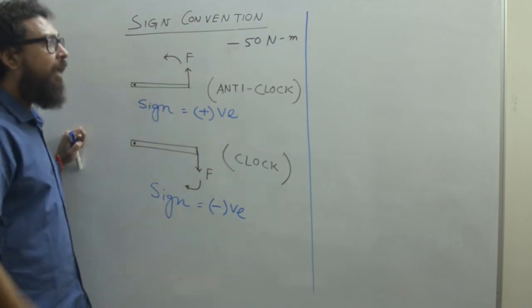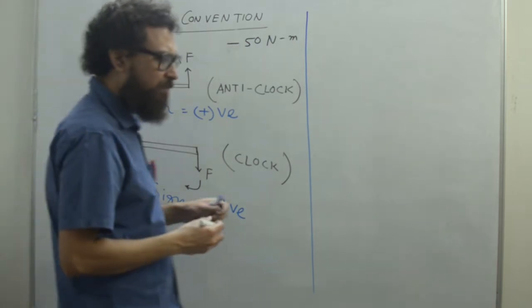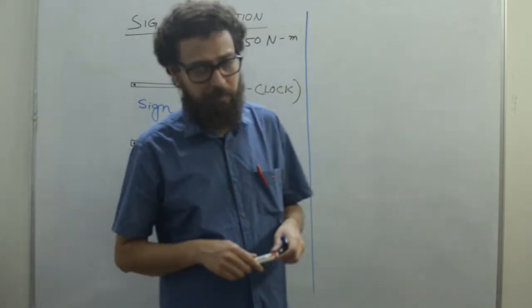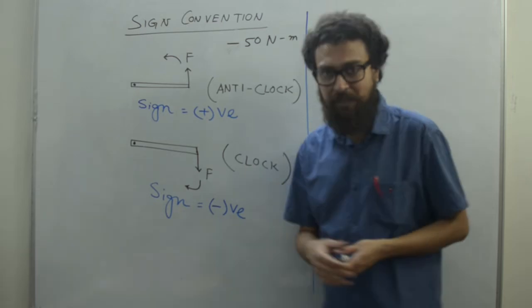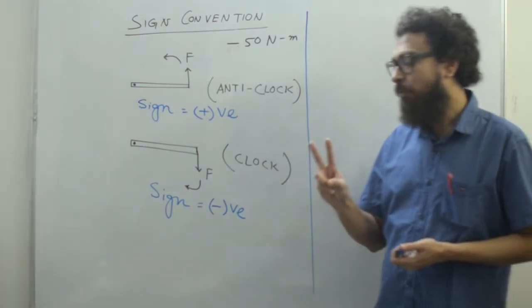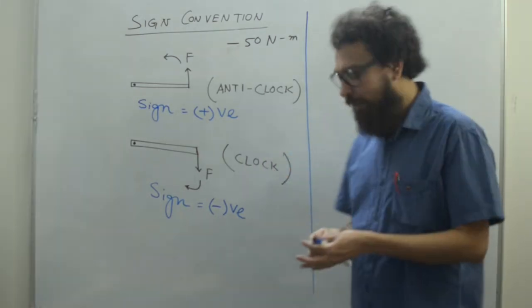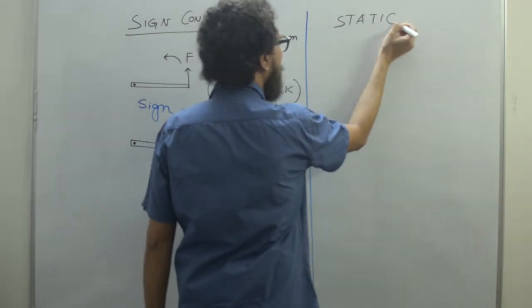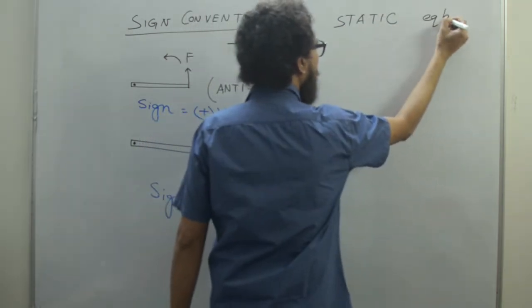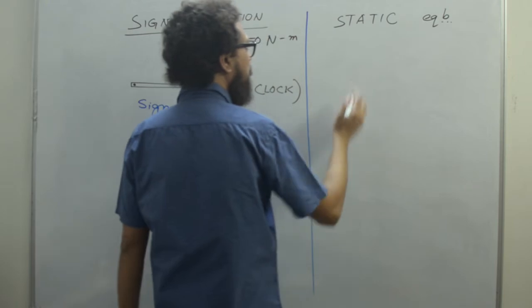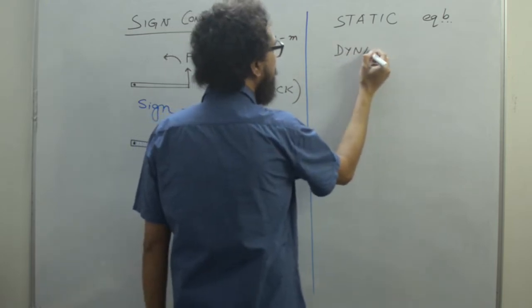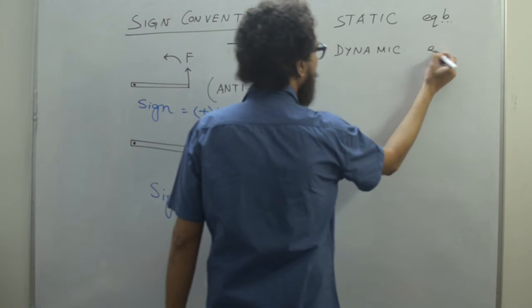Now there are some descriptions regarding the concept called equilibrium of forces. What is equilibrium? There are two types of equilibrium. One is called, I am writing here, you also write, static equilibrium. I write EQB for short, and another is dynamic equilibrium.